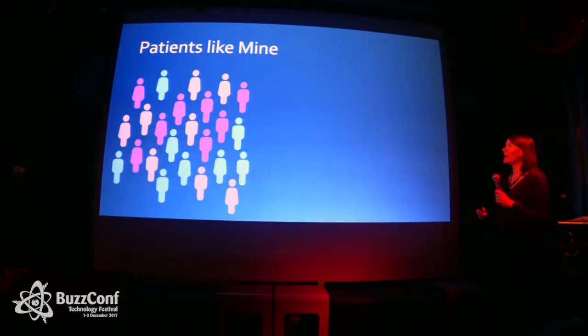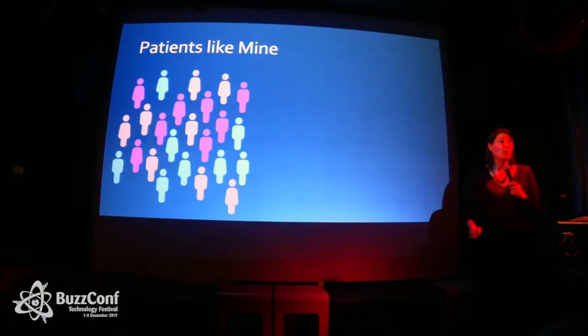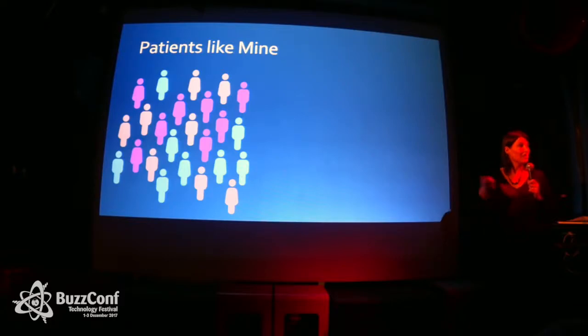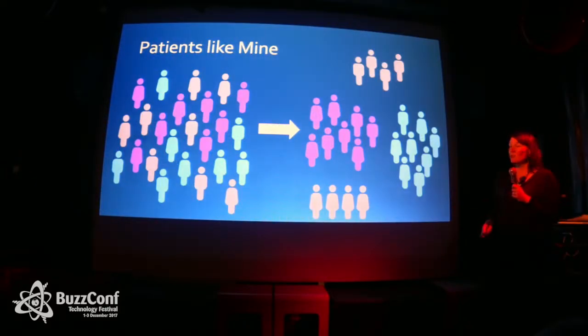Okay, so just quickly, another thing that we're trying to work towards is something that I like to call patients like mine, which is the idea that when a patient comes into your clinic, you can interrogate the whole record of patients that you might have access to in your hospital or possibly in the whole world. That would be fantastic. So we can first try to understand what different groups of patients have in common.